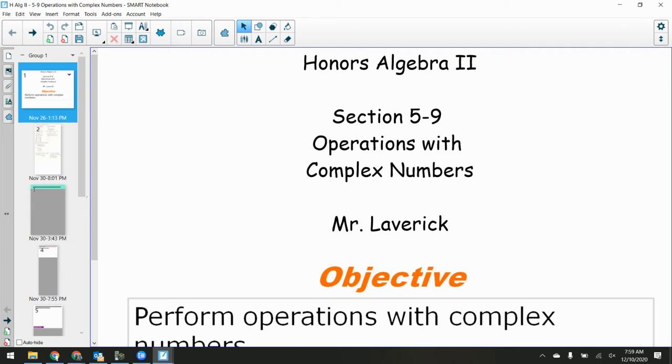Kind of like a hodgepodge of lessons in here. We have this section on operations with complex numbers. You guys remember what complex numbers are? Remember, complex numbers are the ones that are formed by a plus bi, by a real part and an imaginary part.